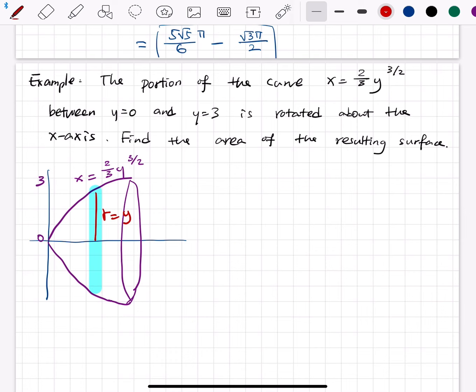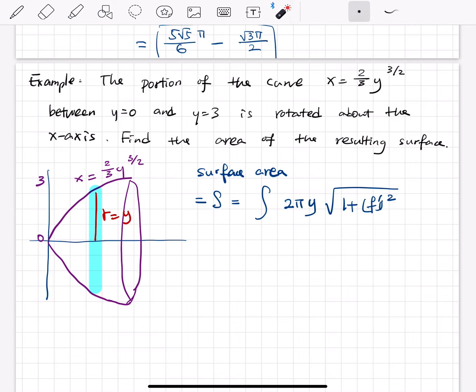Now let's do the setup. The surface area, or S, is going to be an integral from one point to the other. The circumference is 2 pi y, 2 pi r, multiplied by the square root of 1 plus f prime squared.